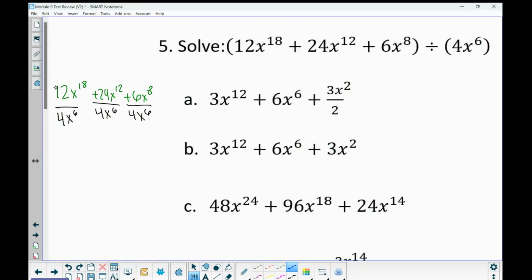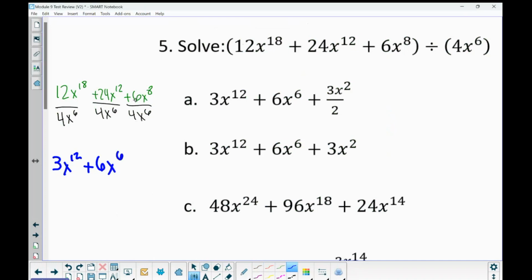Okay, so 12 divided by 4 is 3. I have 18 x's on top. I take 6 away. I'm left with x to the 12. 24 divided by 4, positive 24 divided by 4 is positive 6. We cannot forget our pluses and our minuses. 12x is on top, 6 on the bottom. I'm left with x to the 6.